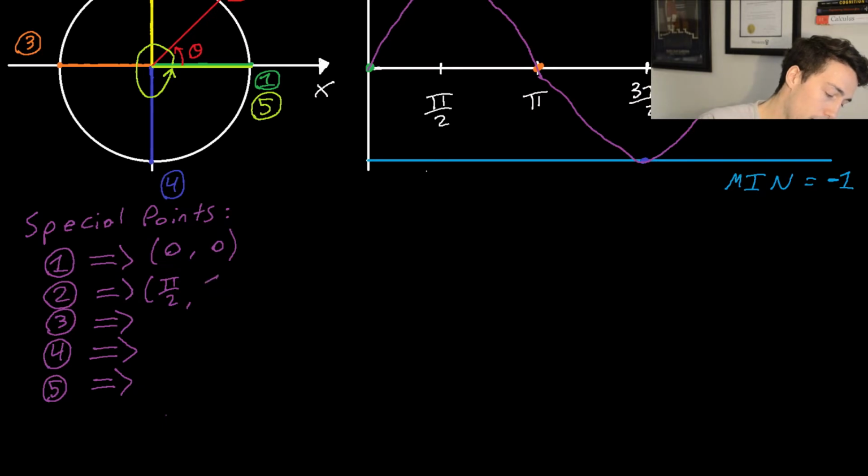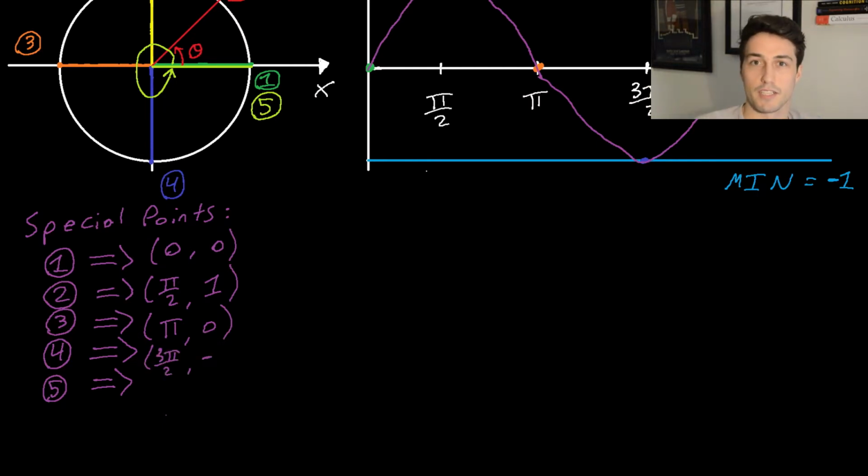Point number 3 was pi and 0. Point number 4 was 3 pi over 2, and this time it's -1 because it was in the negative direction of y. And 5 would be 2 pi, and then 0 again, because point 5 and point 1 have the same y value. It's just representing a full period.